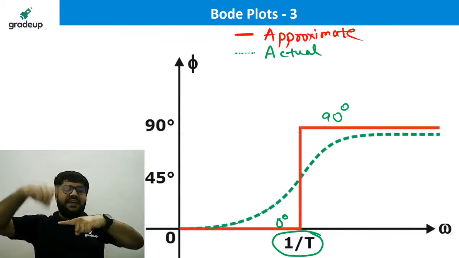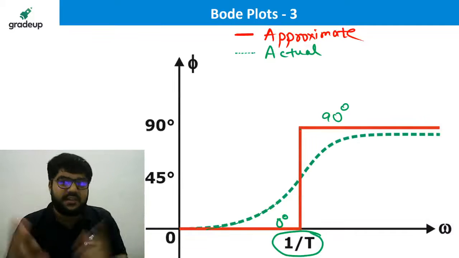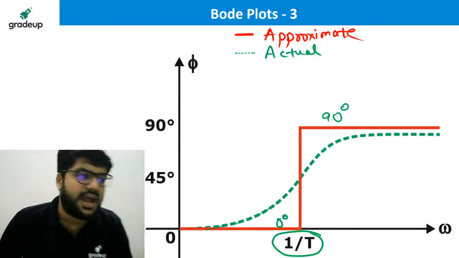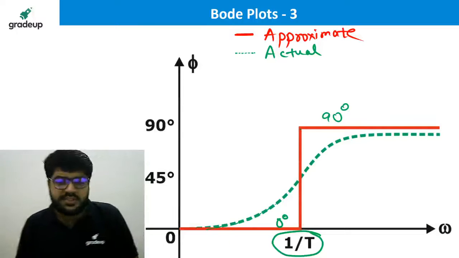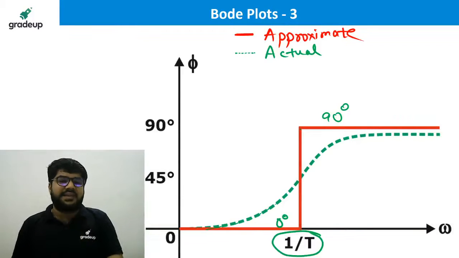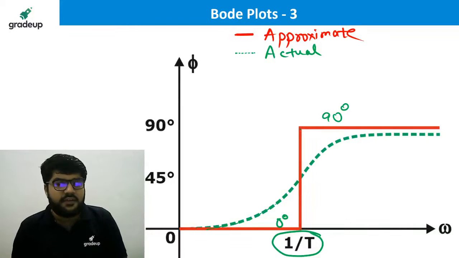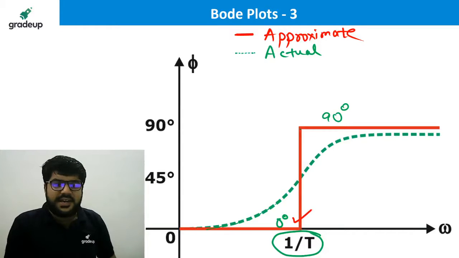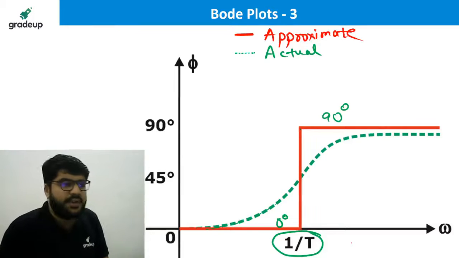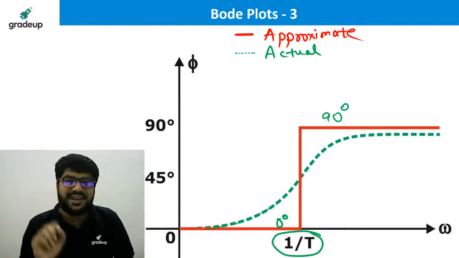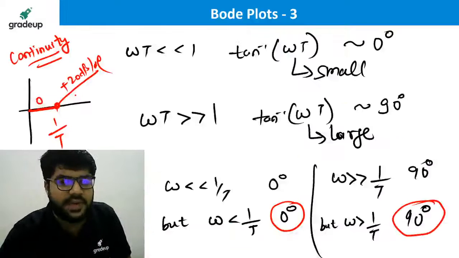The graph has a jump. That is a discontinuous graph. We have learned about discontinuity in mathematics. One problem is that the graph is discontinuous at the corner frequency. On the left hand side it is 0 degree, on the right hand side it is 90 degree. This is one problem of this approximation. The graph is not connected as in the magnitude case.